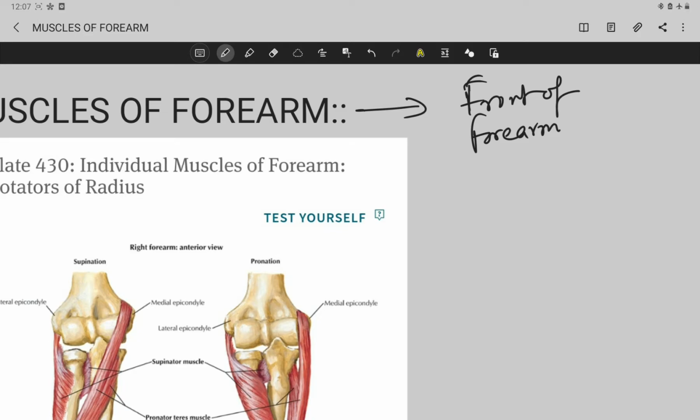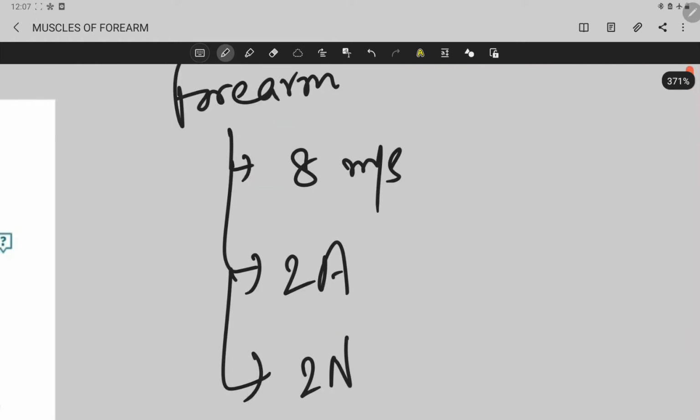The front of the forearm has eight muscles, two arteries and two nerves. The two arteries: one is your radial artery and another one is your ulnar artery.